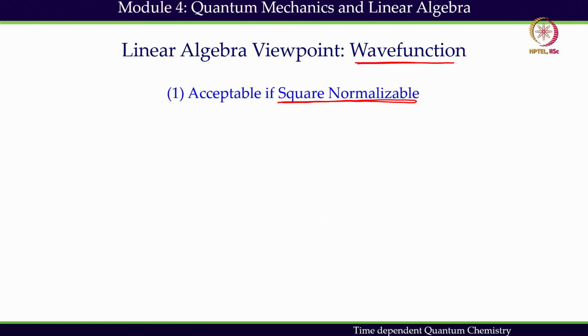So, all well behaved or physically acceptable wave functions, any function I cannot accept physically in quantum mechanics, those functions which can be accepted in quantum mechanics are called physically acceptable wave functions.